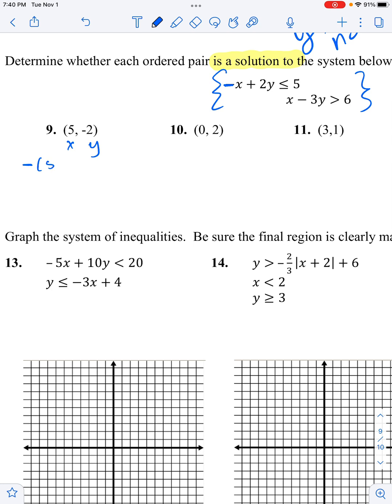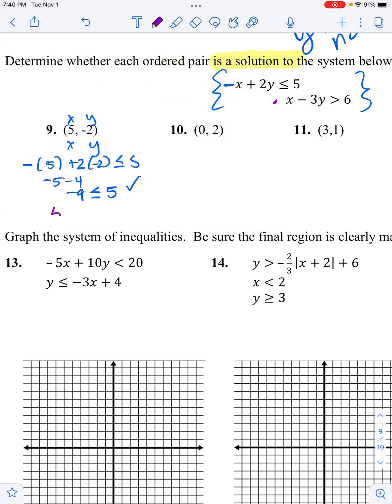Then I put a 5 in there because that's my x, plus 2 times my y, which is this in this problem, less than or equal to 5. So do this on your calculator or in your brain. You're going to have negative 5 minus 4, so negative 9 less than or equal to 5. Is negative 9 less than or equal to 5? It is. But you have to check it in the second equation as well.